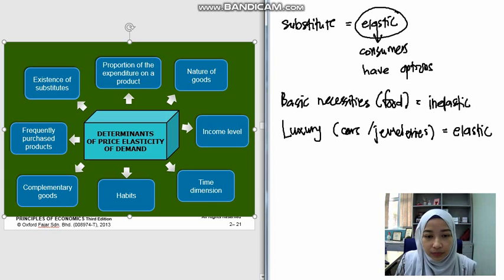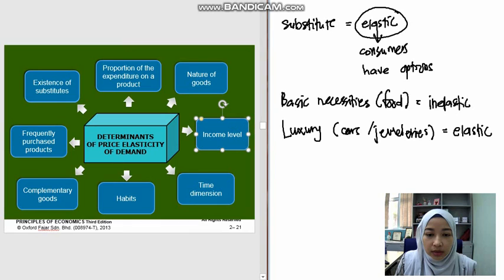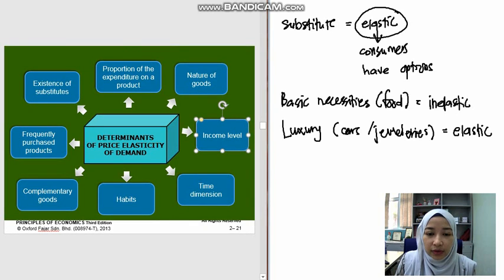Okay, income level. Of course for income level, if the consumers have a higher level of income, they tend to purchase more. So even if the price of that product increases, they will not feel the change in the price, and that will not give impact on their demand.